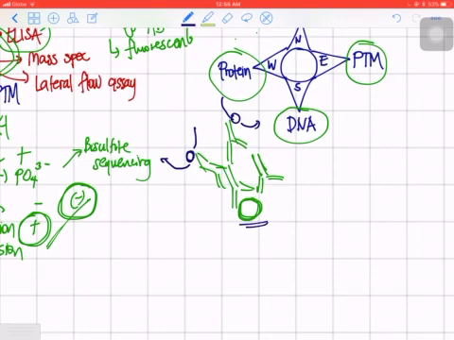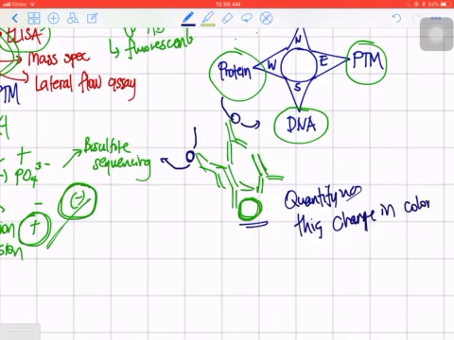Now, quantifying this change in color leads to the quantification of the protein. Okay, so you typically do this in a 96 well plate, right?